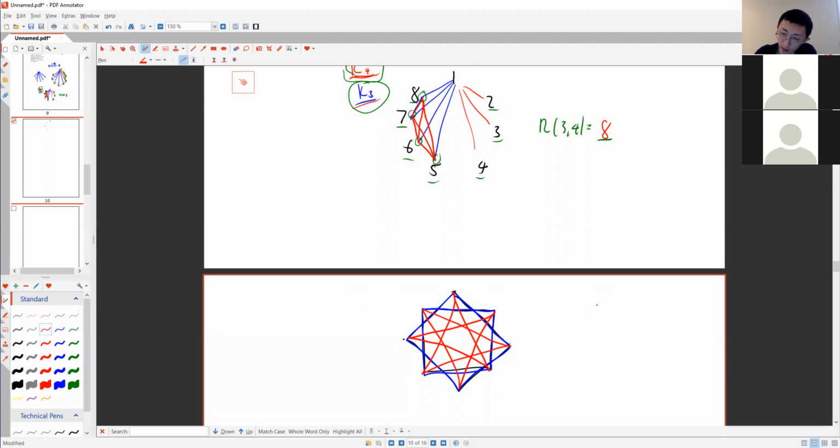So let's see, is there any blue K3? Well, no, there's only squares. Oh, hang on, I meant to do them in the same color, my bad. Yeah, these should all be blue. So maybe we want to avoid a blue K4.